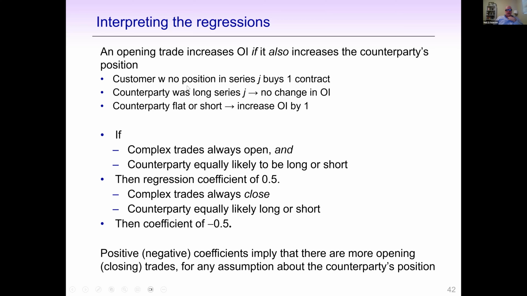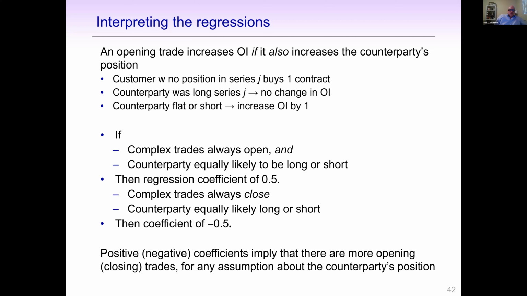So let's suppose a customer buys a contract. If the counterparty, typically a market maker, was already long that series, then the customer's long position goes up by 1 and the counterparty's long position goes down by 1. There's no change in open interest. But if the customer who buys a contract trades with a counterparty who had no position or was short, the customer trade increases open interest by 1 unit.